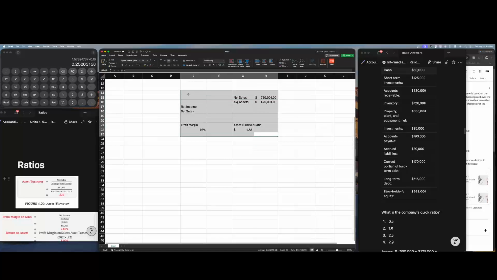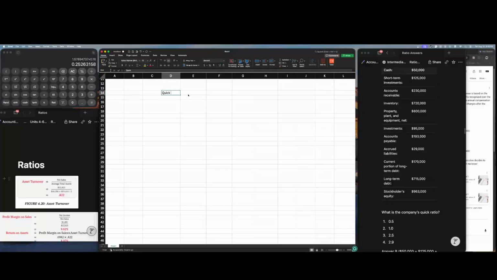So the quick ratio is pretty interesting. There's the quick ratio, and then there's the current ratio. With the quick ratio, it's like the current ratio minus inventory and plants, property and equipment, that stuff. The current ratio is current assets divided by current liabilities.